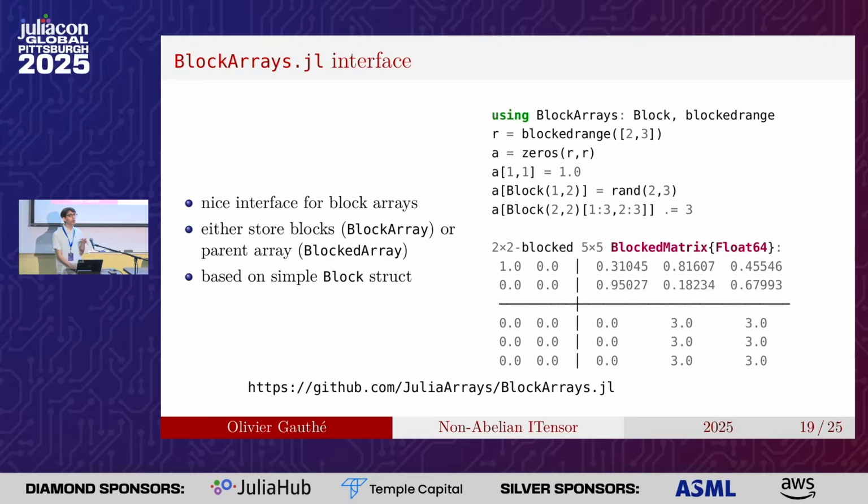I will now give you a clue about how we're implementing all of this in ITensor. We are basing ourselves on the BlockArrays interface that defines a nice block object that is here. It allows to define blocked arrays of any dimension, I will focus on block matrices that I can access with this object block. So it's a very nice interface for block matrices. It's very generic.